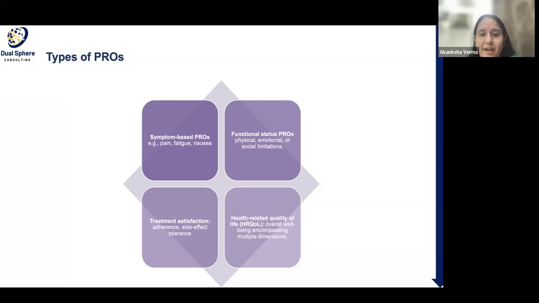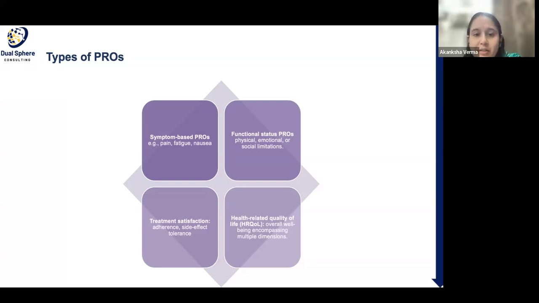So treatment satisfaction is how the patient is actually feeling after taking the treatment, as I already told you: how much the patient is able to adhere to the treatment, what the side effects are, how much he was able to tolerate the treatment. These all come under treatment satisfaction related PROs, right?